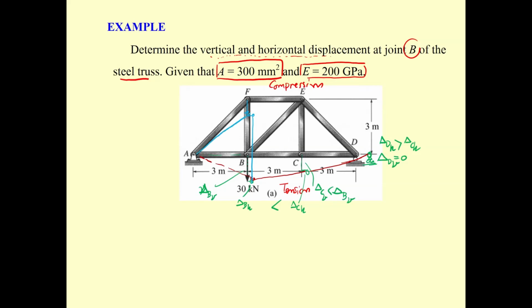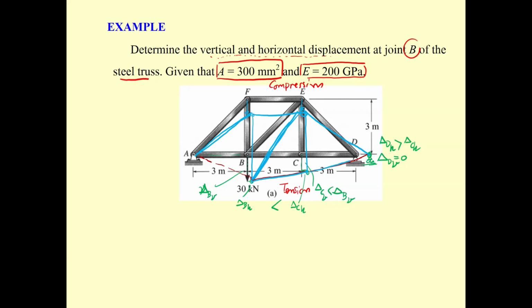The one over here is supposed to be shortened due to compression. And over here also should have this kind of deformation, and link them together. You will get all of this kind of elastic curve for the truss.